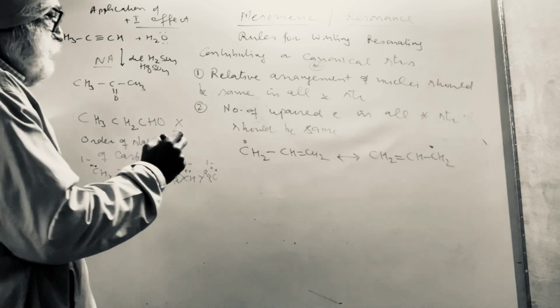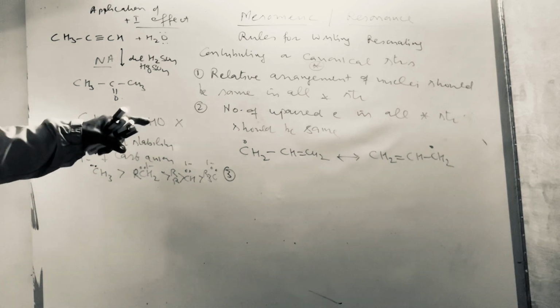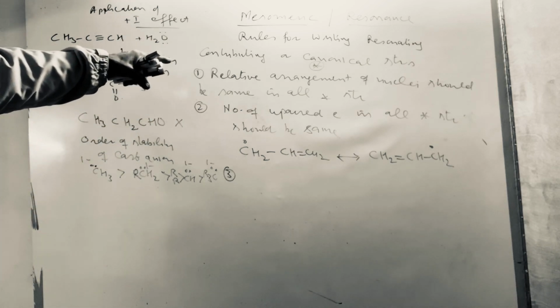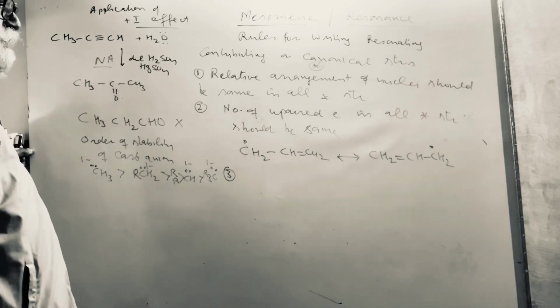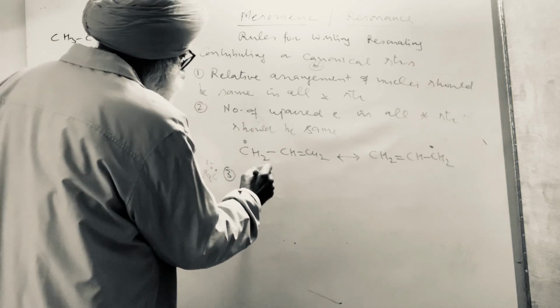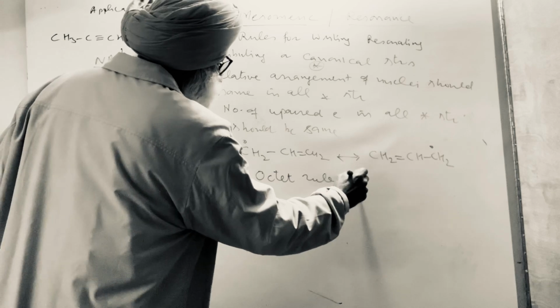Then the third thing is that the relative arrangement we have seen should be the same. For example, here you can take more examples from this, so that we'll be asking in the questions later on. So here the octet rule should be observed.